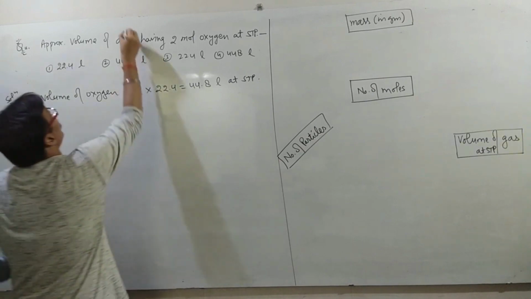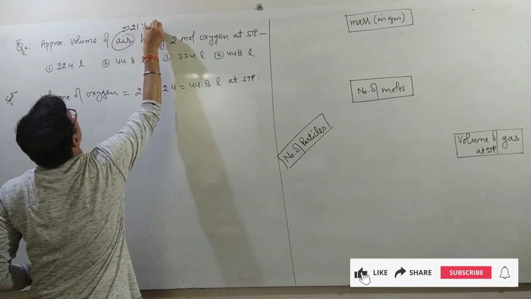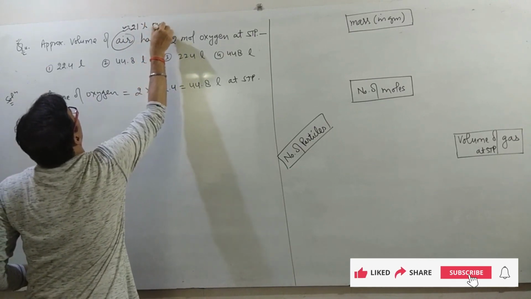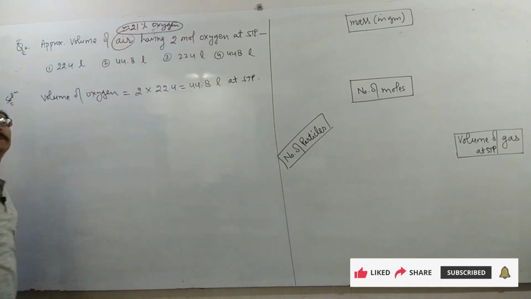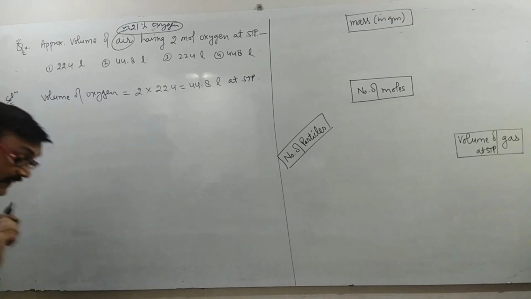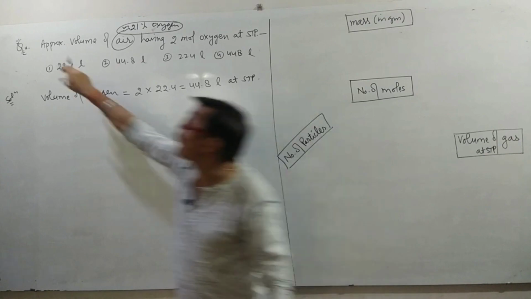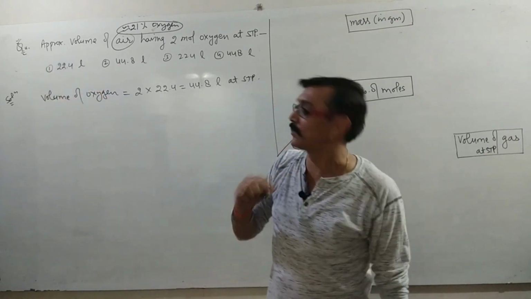Oxygen is about 21% in air. That is, the volume of air is almost, that is approximation, almost 5 times the volume of oxygen.